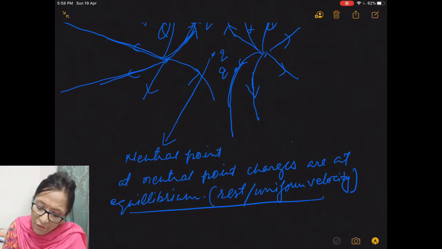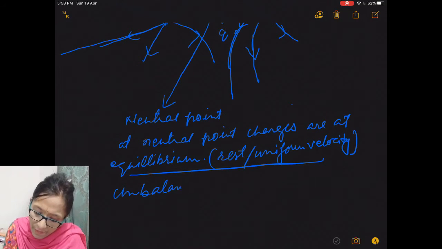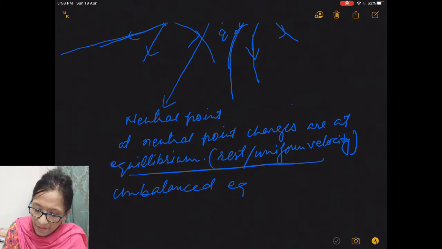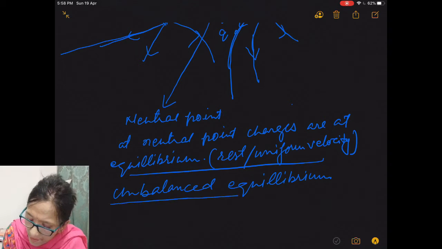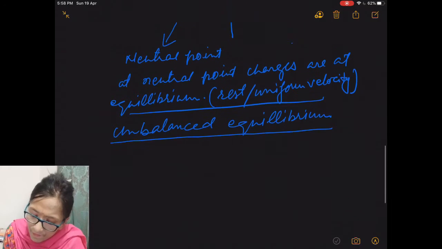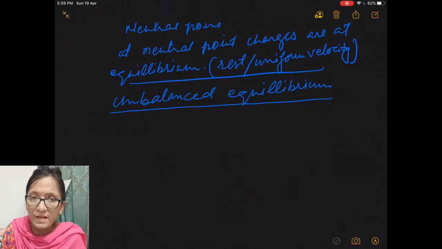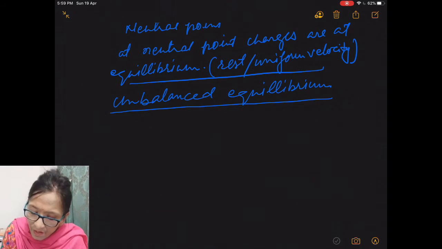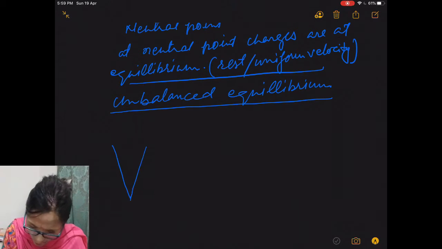Now this equilibrium is not balanced equilibrium. This equilibrium is unbalanced equilibrium. So let us understand what is the meaning of unbalanced equilibrium, and let me take some examples other than these points.